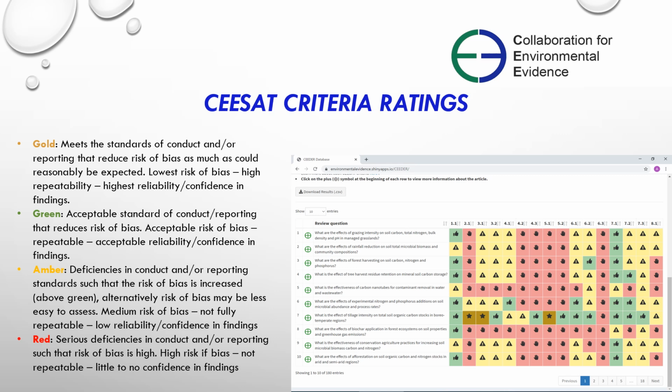For each of the 16 criteria, a review is rated using 4 categories of reliability: gold, green, amber, and red. The gold equates to the top standard of reliability currently recognized in review conduct by CEE, and red is regarded as unreliable.